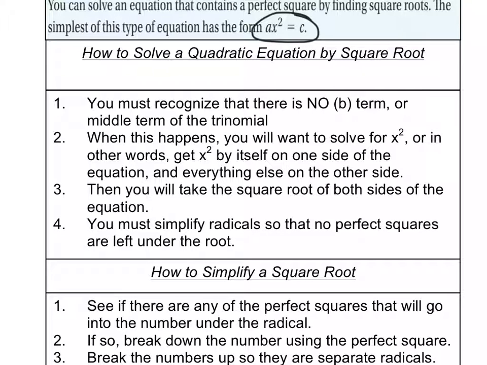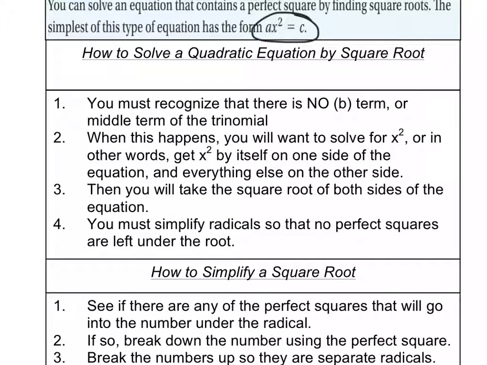Before we were always getting everything equal to 0. Now we want to change that up. If there's no middle term, we're going to get x squared on one side, everything else on the other. Then we're going to take the square root of both sides of the equation. Now, you must simplify your radicals so that no perfect squares are left underneath the root.